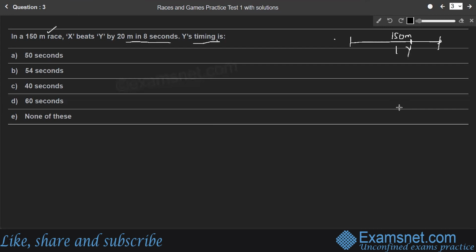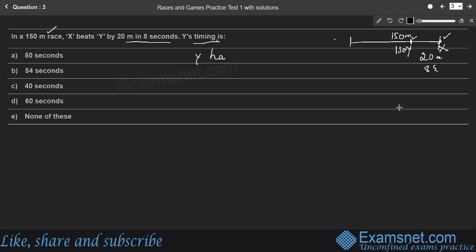So Y is somewhere here, at the 130th meter point, and X reaches the destination. From that point, Y takes some time to reach the destination, and the distance covered by X is 20 meter ahead of Y, in 8 seconds. Therefore, Y's timing is here.